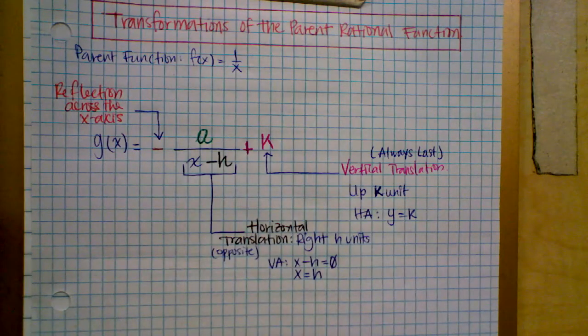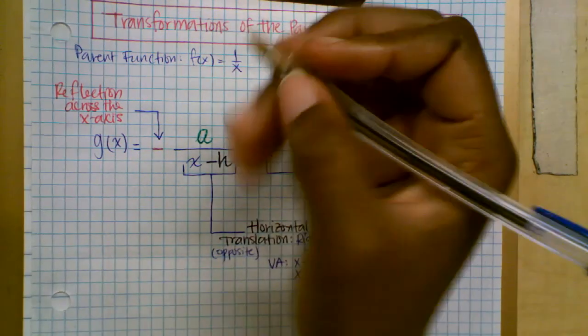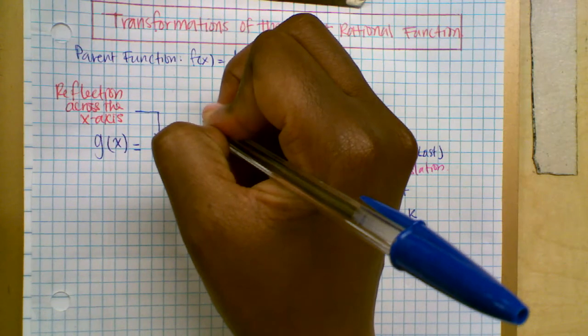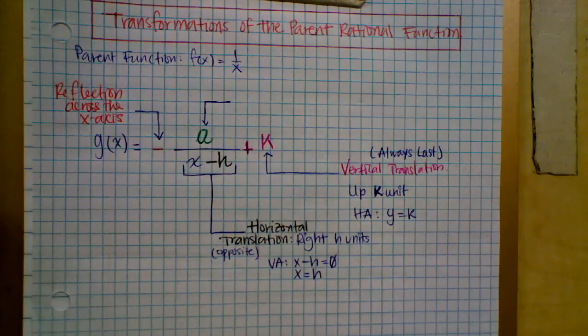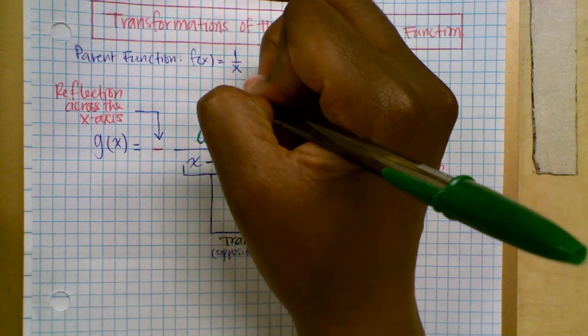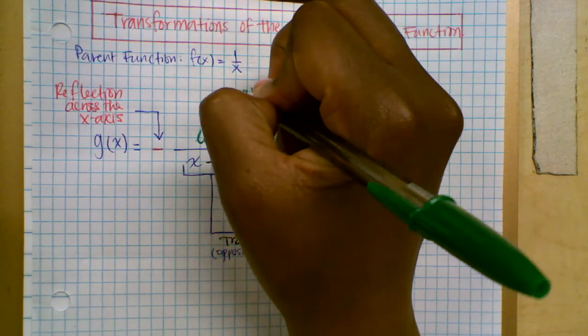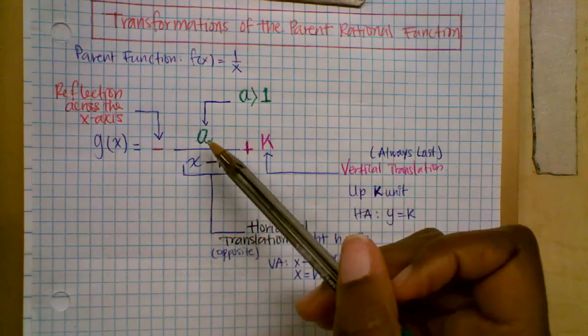The last one I'm going to describe here is a, the number multiplied on the numerator. For this example, I'm only going to show you a case where a is greater than 1.